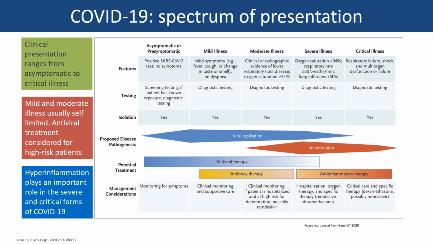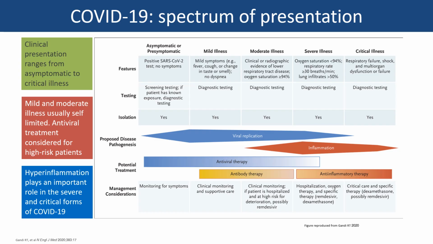So there is a spectrum of clinical presentation of COVID-19 from completely asymptomatic to critically ill patients. In those with asymptomatic or mild illness, usually there's a lot of viral replication but minimal inflammatory response. In those with moderate, severe, or critical illness, there is a gradual increase in the inflammatory response.